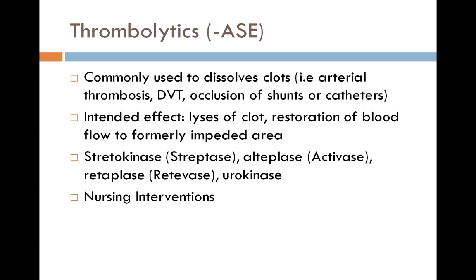If a person already has a clot, anticoagulants are going to help that person to not develop further clots. But anticoagulants do nothing for existing clots. If the person has an existing clot, that's where we use thrombolytics to come in and dissolve the clot. But anticoagulants do not dissolve existing clots.